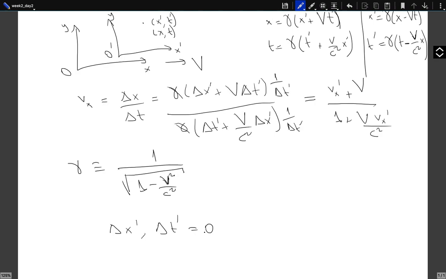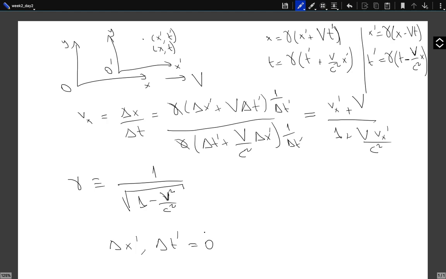So delta x, the Lorentz transformation is right at the top. So delta x is equal to gamma times (delta x prime plus v delta t prime). So it's gamma times delta x prime.